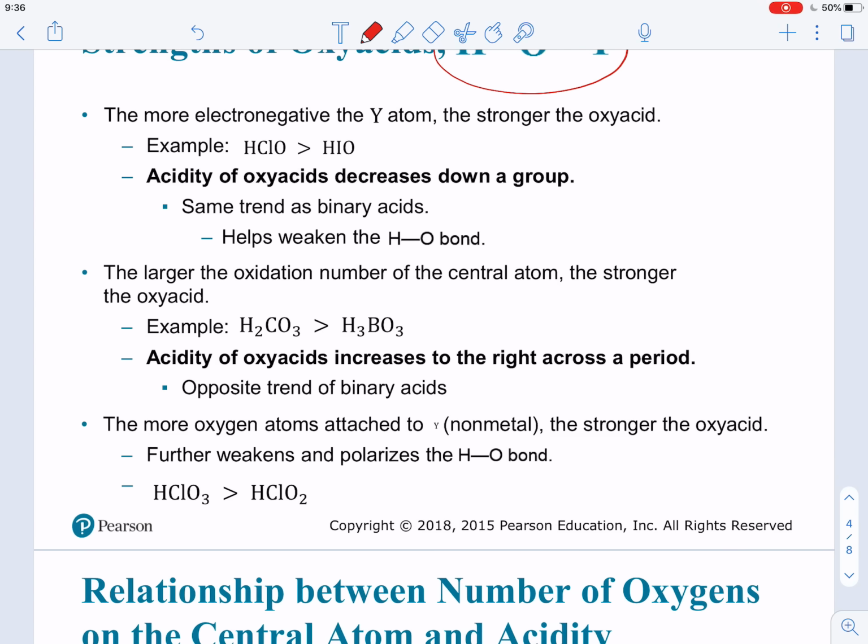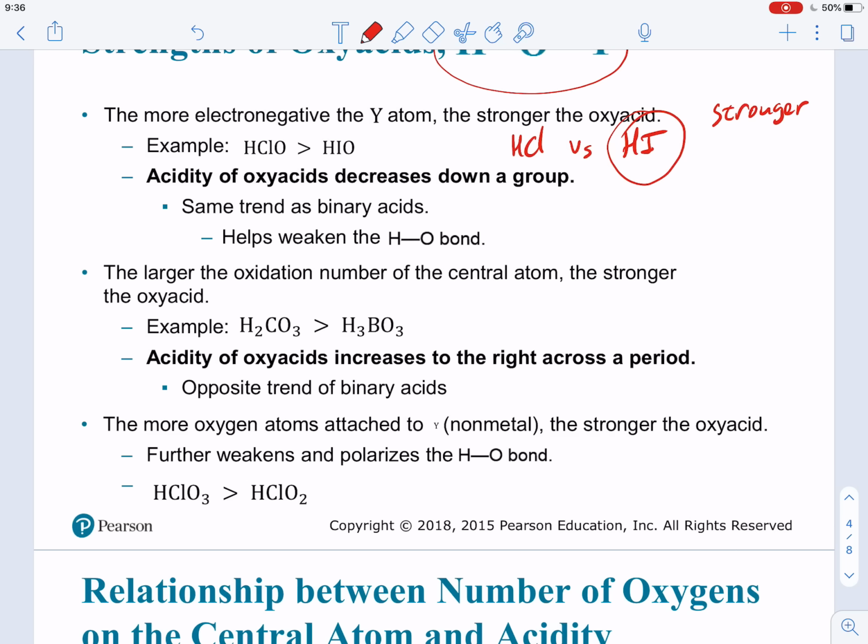Okay, so the more electronegative the Y atom is, the stronger the acid is. If we take a look, for example, if we are comparing HCl versus HI, HI is stronger, right?